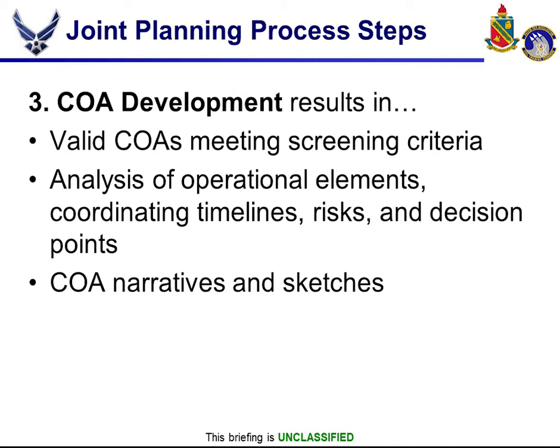You will develop timelines. You will identify and mitigate risks. And you'll identify decision points. Key moments in time where those who have to make decisions need to get specific information so they can make the best decision, and from that decision you will continue with your planning efforts.